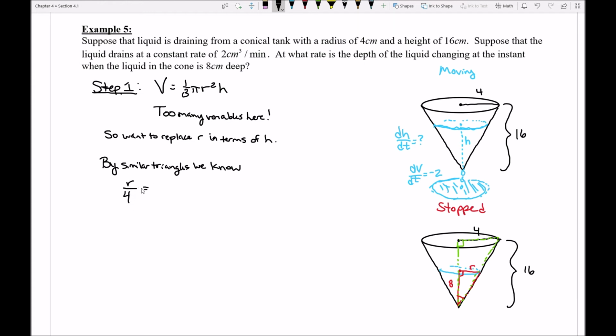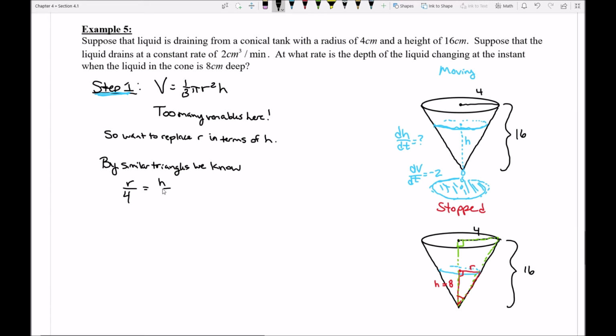And that ratio should be identical to comparing the small height, which we would actually in this case just call h. Remember that for the moment, while in the stopped picture h is an 8 down here, we're still working in step 1, which means that we're really focusing on the way that the similar triangles would end up looking in our picture up here, where we just have kind of an arbitrary height of h.